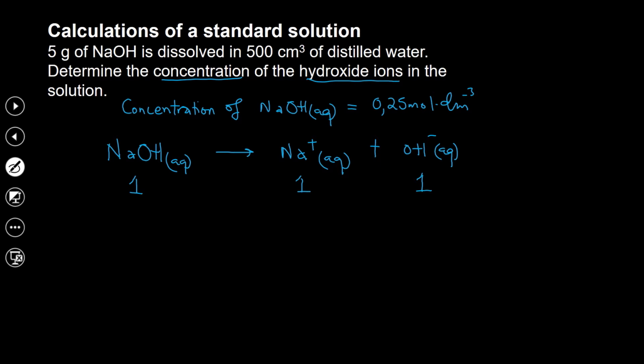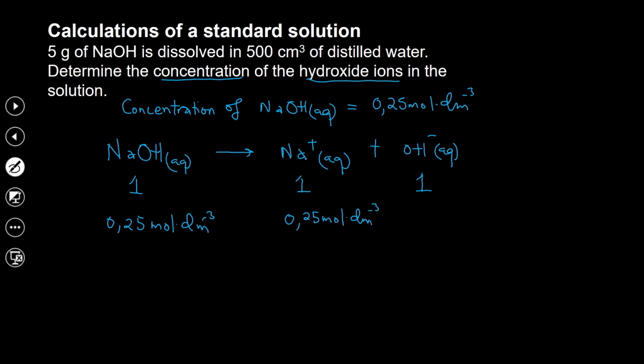So if the concentration of sodium hydroxide is 0.25 mole per cubic decimeter, the concentration of the sodium ion will also be, because of the ratio 1:1, 0.25 mole per cubic decimeter.